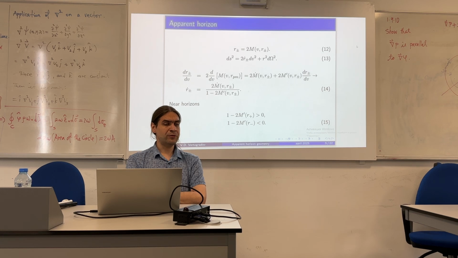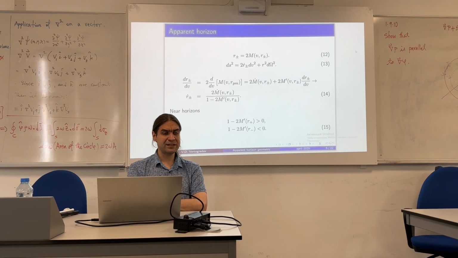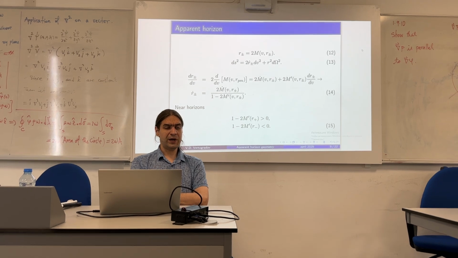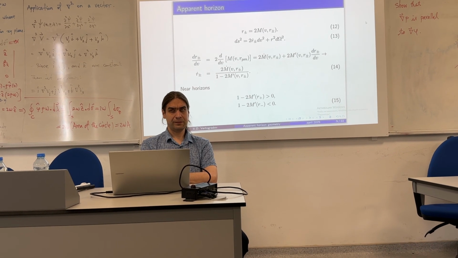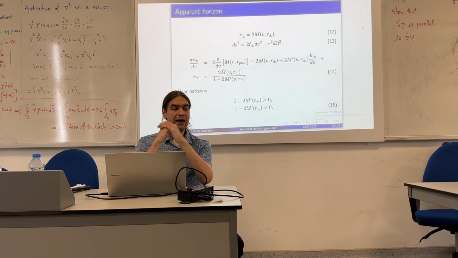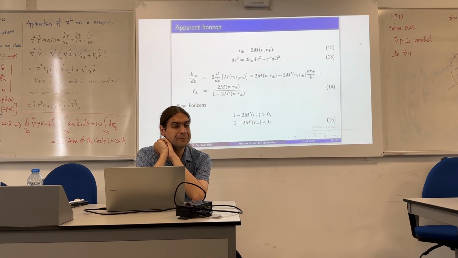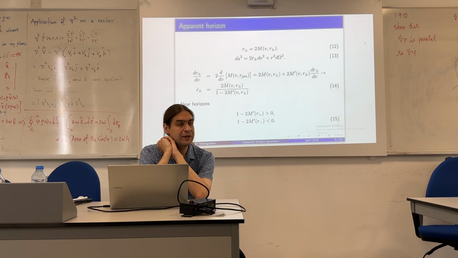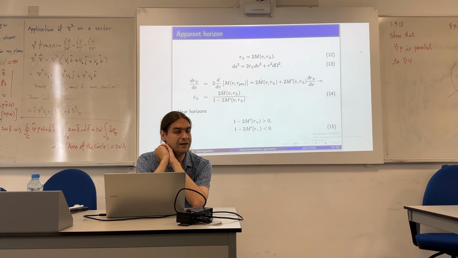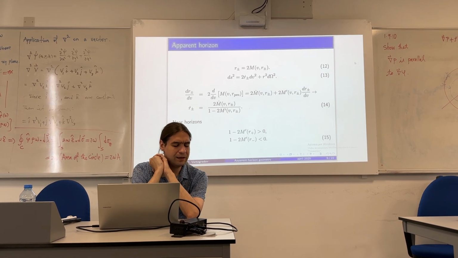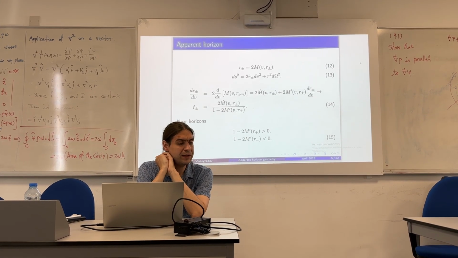The omega squared doesn't matter, actually, we are not interested in it, we are interested in the first term, r dot plus-minus dv squared. If r dot is positive, then it means that the apparent horizon is expanding. I'm sorry, it's not minus, it's just plus: r dot plus-minus dv squared.